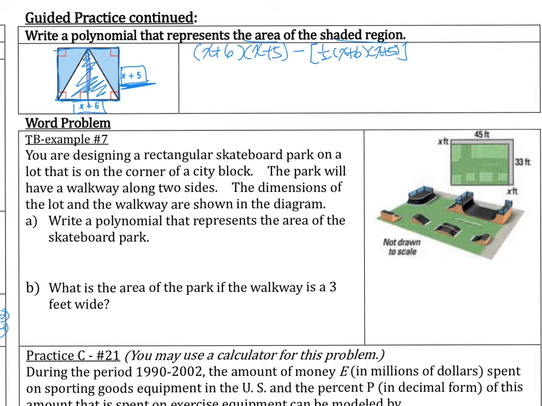And now we can simplify. So for the first part, this would be x squared plus 5x plus 6x plus 30 by the FOIL method. And the second part here, now let's not get rid of these parentheses yet. We have half x squared plus 5x plus 6x plus 30.